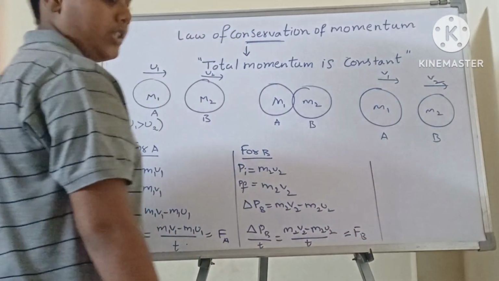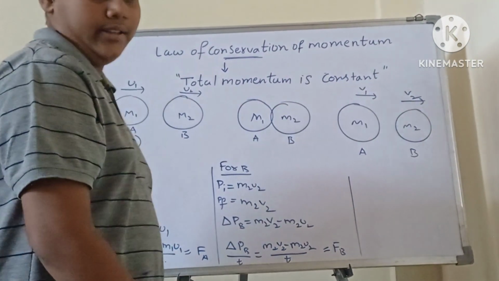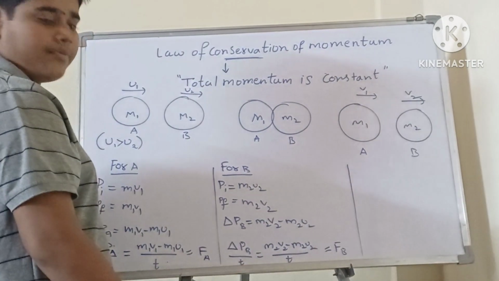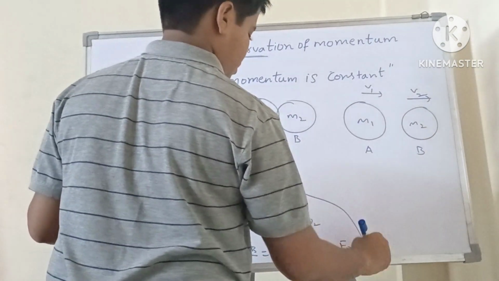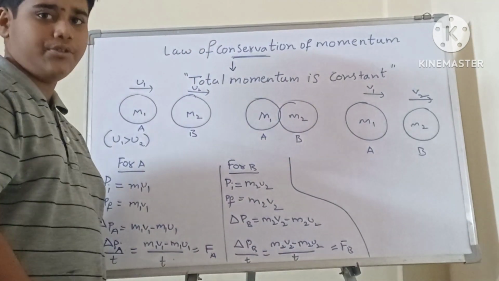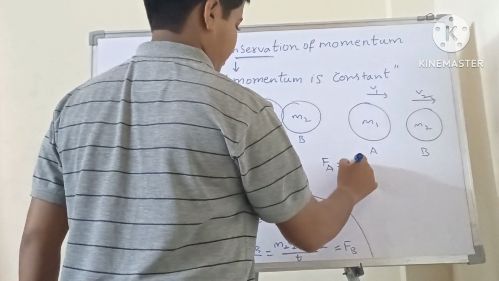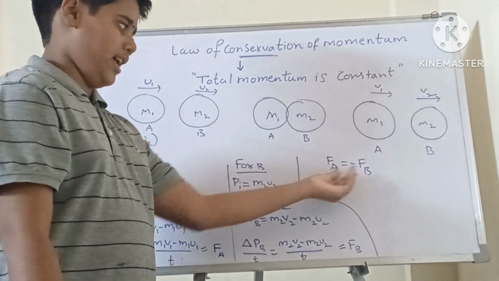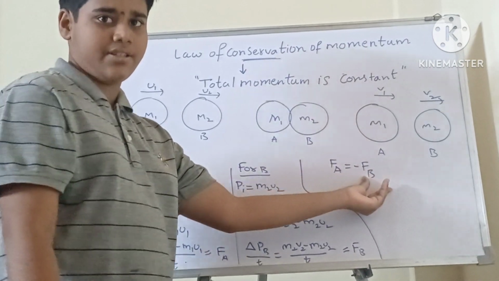Okay. So we have to prove total momentum is constant. So we already learnt about Newton's third law. So here FA, force of A, is minus of force of B. Every action has an equal and opposite reaction.